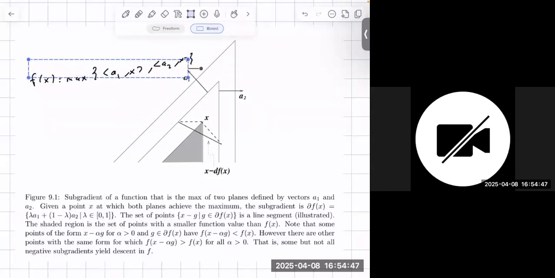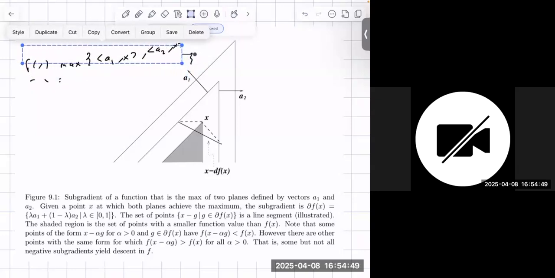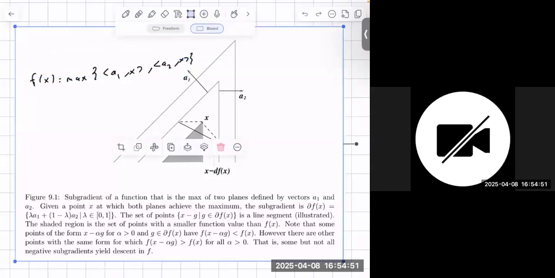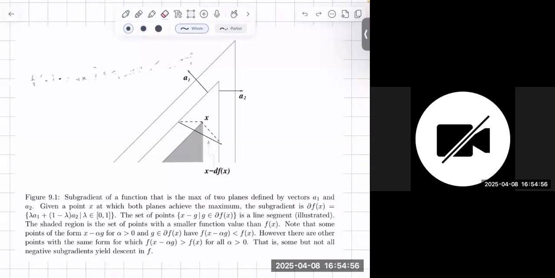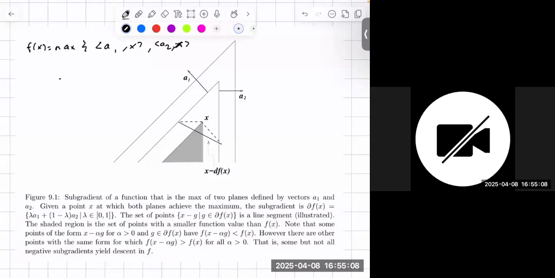So I've got two linear functions, and I'm taking the maximum of them. You put in your x, you dot product with the two vectors, and you see which one is bigger, and you pick that. That's what this function is, okay?